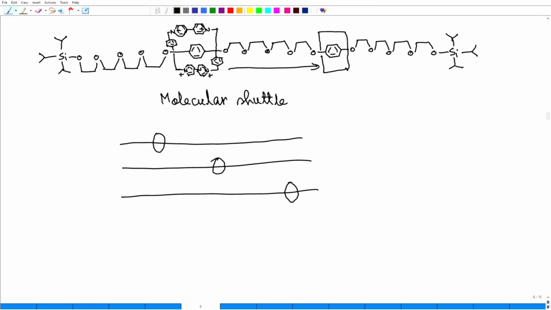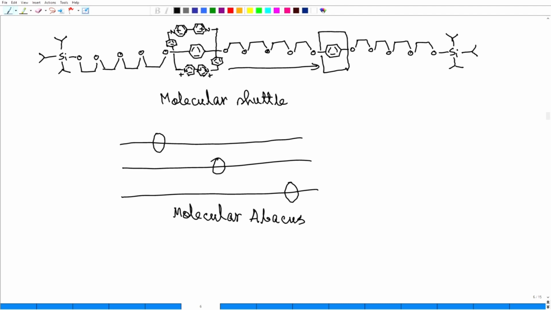Abacus, do all of you know? People used to use an abacus for calculation and all that. It can go from one to the other, it is called a molecular abacus.